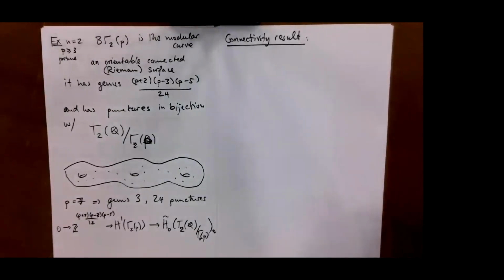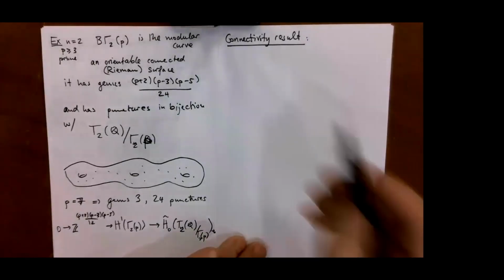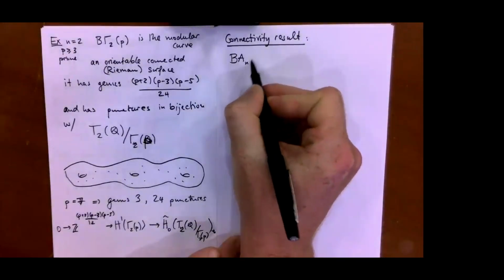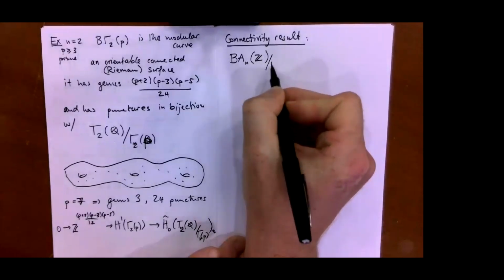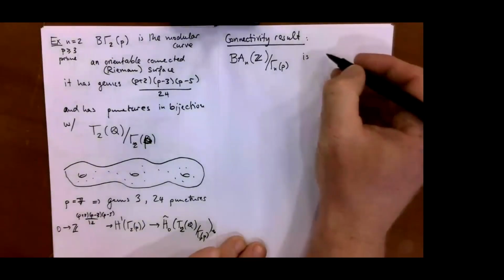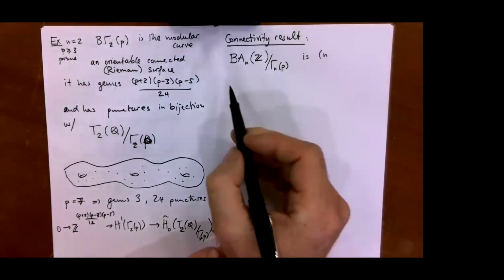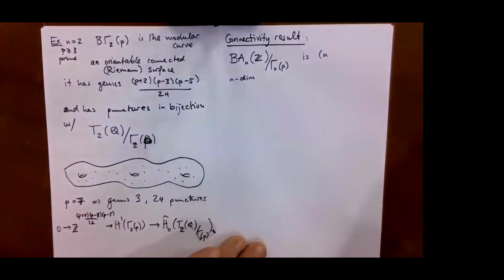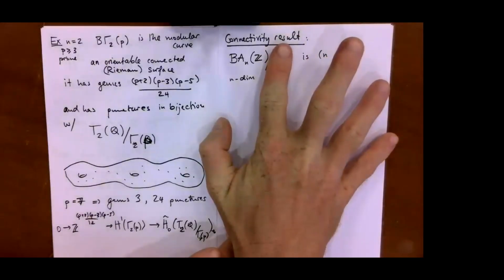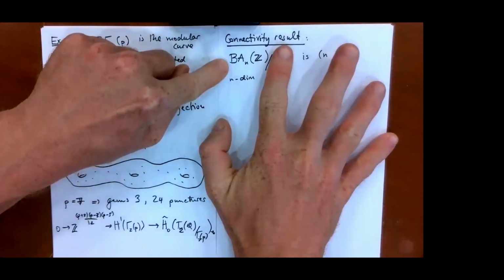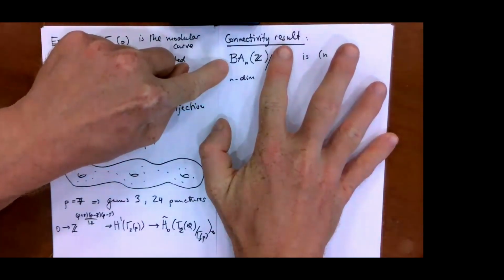The main result here is that, as I already said, this is a simplicial complex, and it is n-dimensional. You remember from our last lecture, Church and Putman proved that this is n-1 connected.